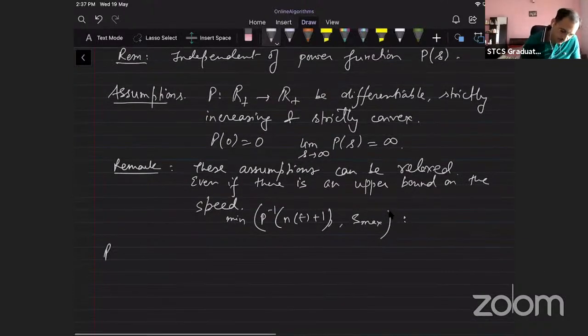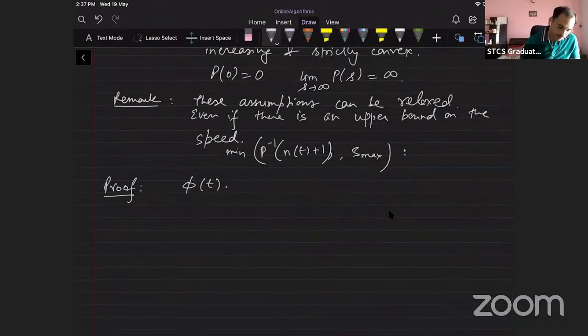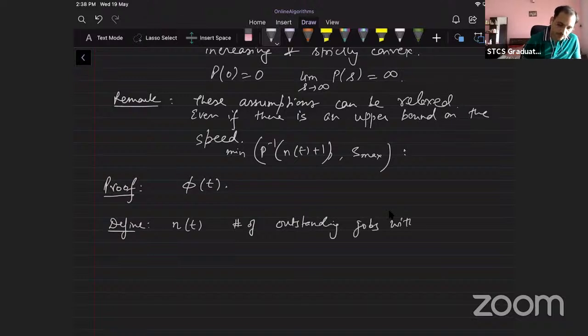Okay, so now the proof. The most important part of the proof is to construct phi of t. So before that, let's define certain quantities. So stay with me. These are quantities slightly difficult to parse. As before, n of t will be the number of outstanding jobs with A, and n0 of t its counterpart for OPT.